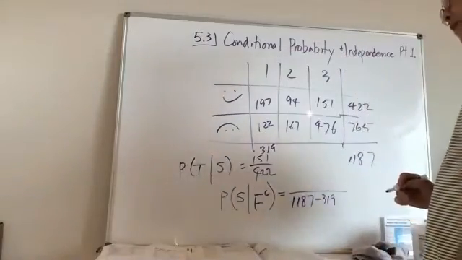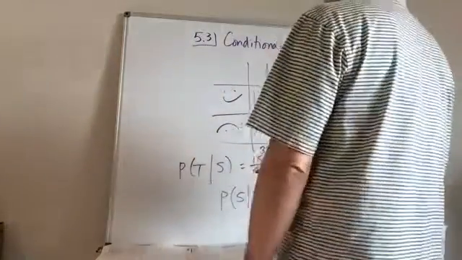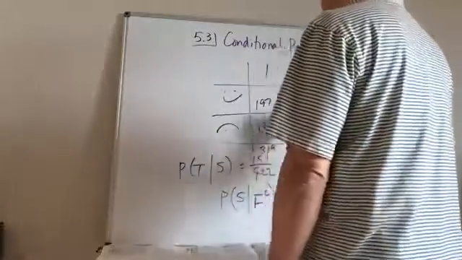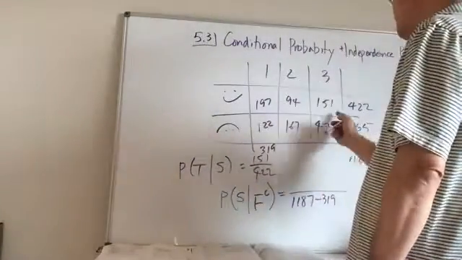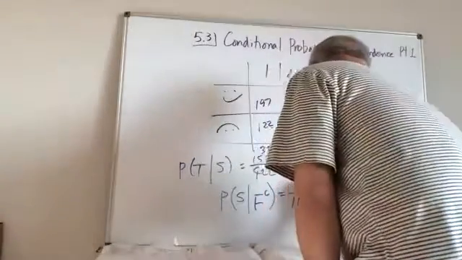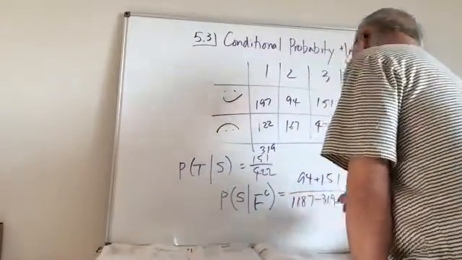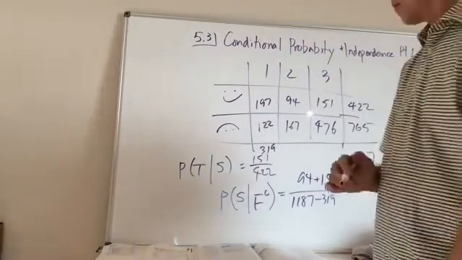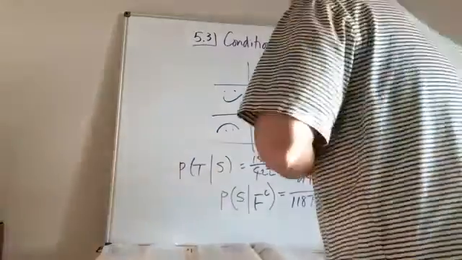What is the probability that I survive? Given that I'm not here, I survive would be this 94 plus 151. And that would be your answer. Everybody see that? Okay.